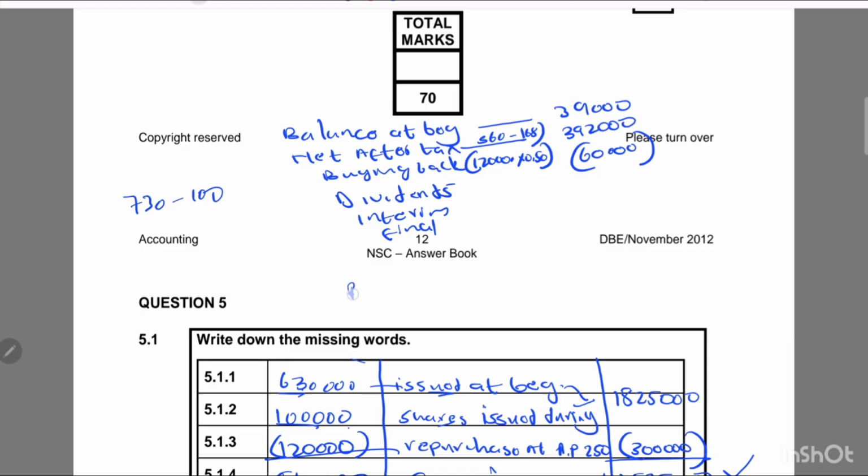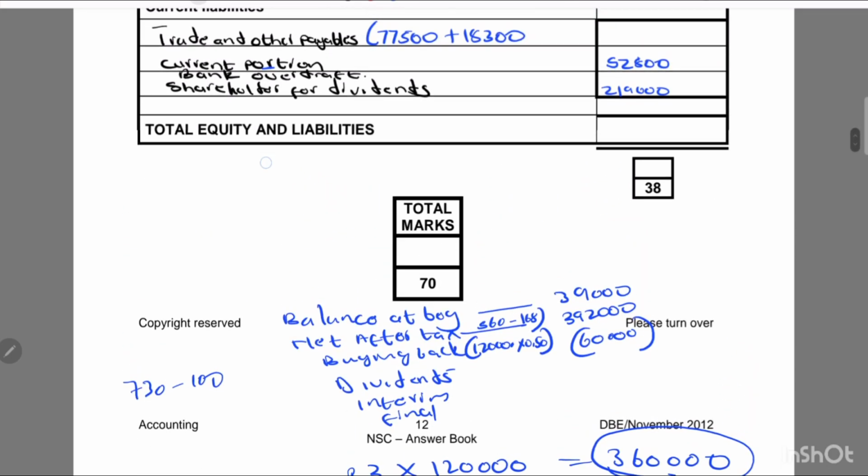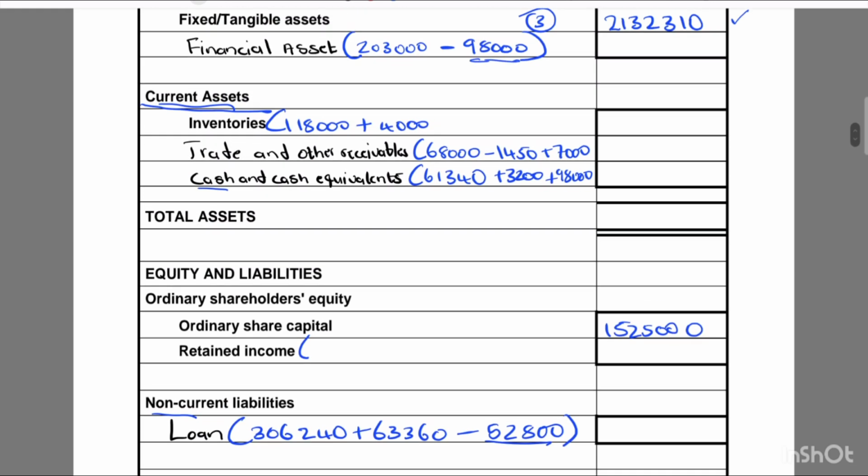And remember, when we repurchase shares, this money will come from the bank account. It's going to be 3 multiplied by 120, which is 360,000. The 360,000 must come from the bank account. Then you go back to cash and cash equivalents and you must take it out, 360, because we use it to buy the repurchased shares.